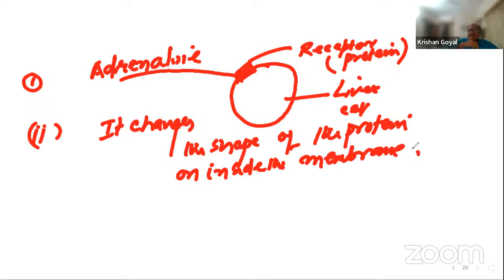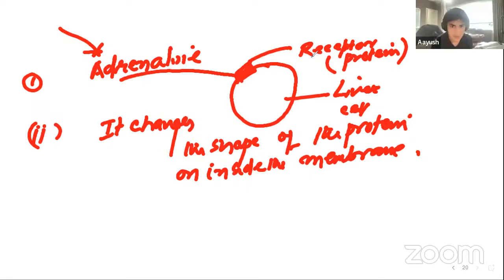Did you get it? Adrenaline from the adrenal medulla comes and binds with the receptor protein of the liver cell. It changes the shape of the protein, on the inside. Okay. Now, third point.